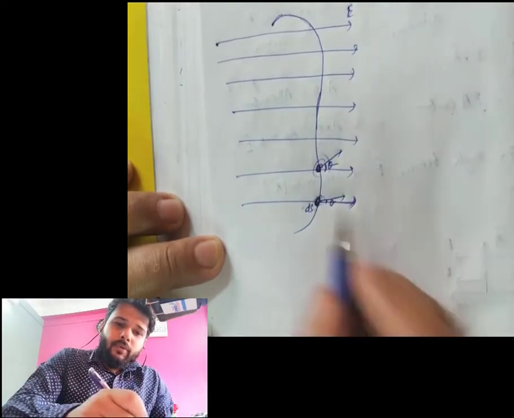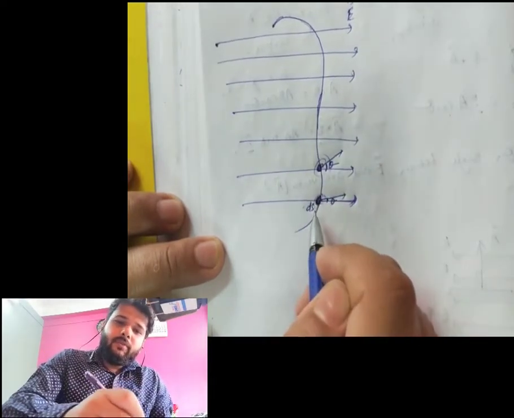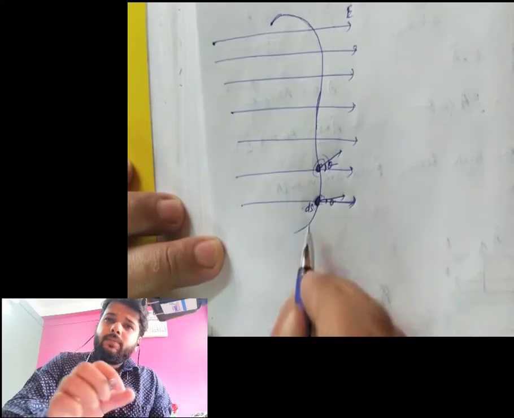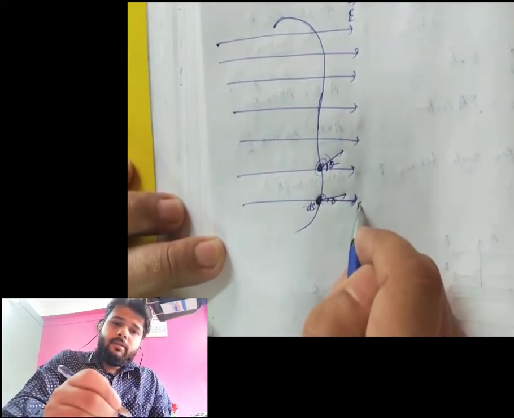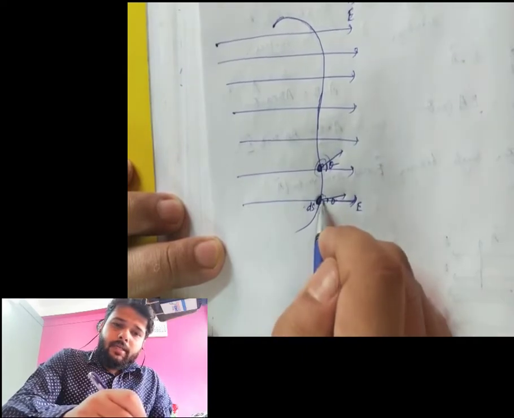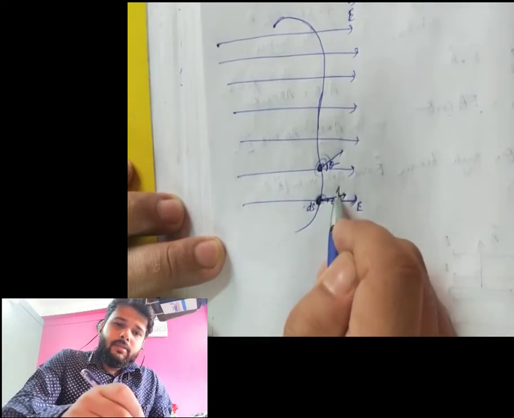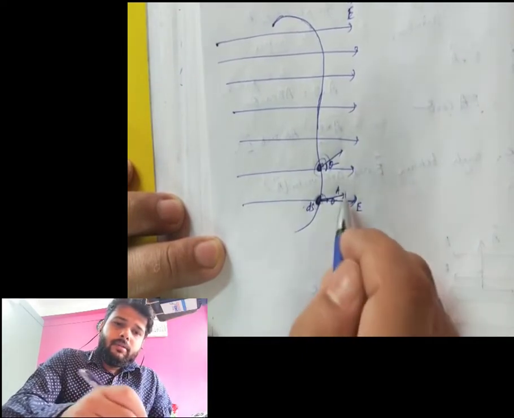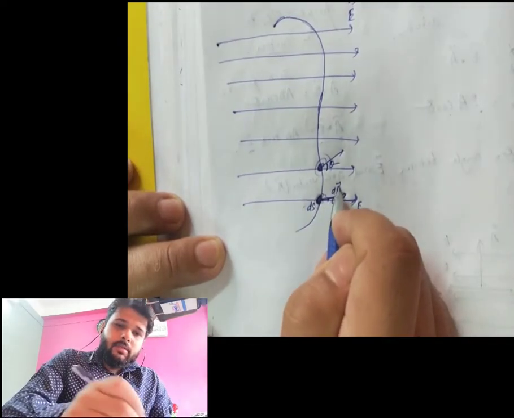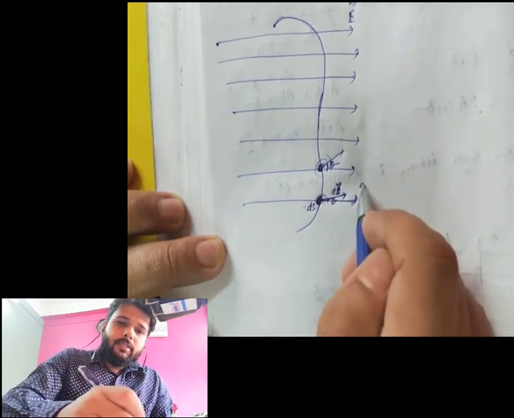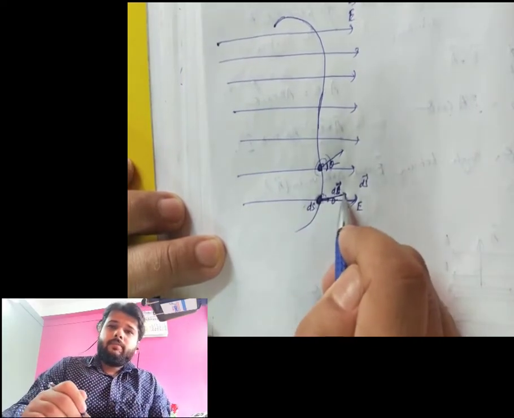Ds means very small surface area, and the electric field is E, and the area vector is ds, acting in this direction.